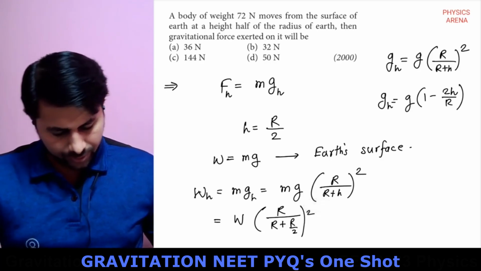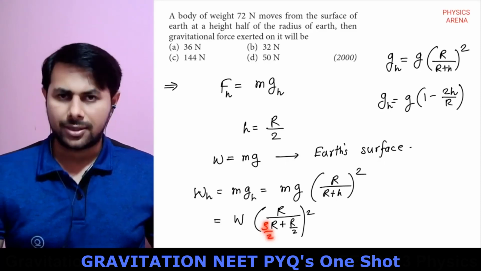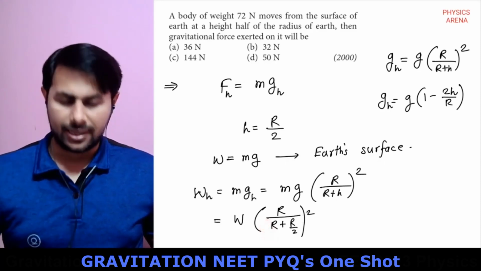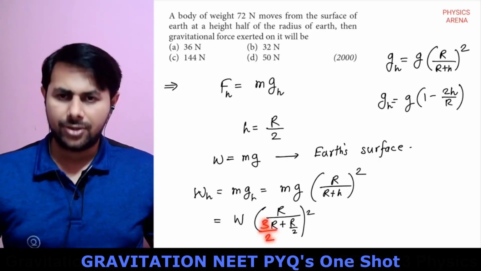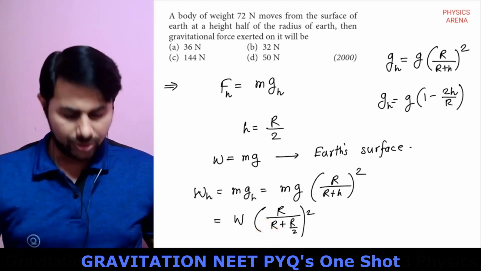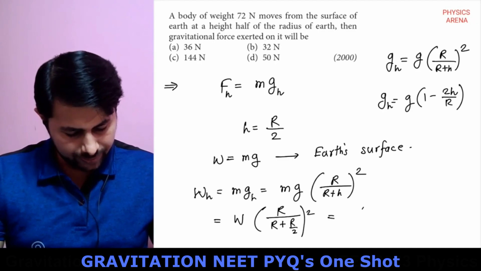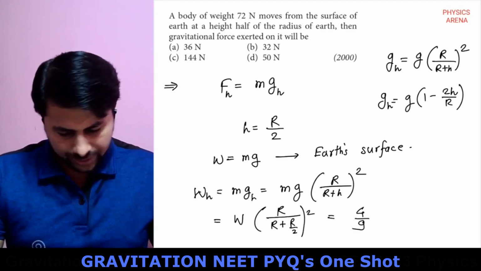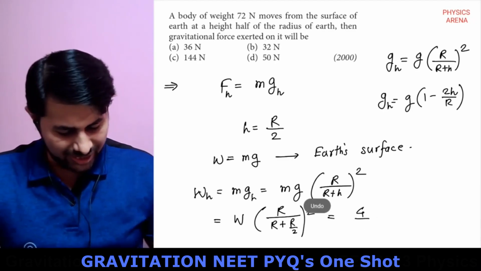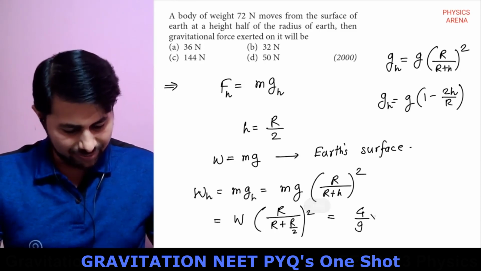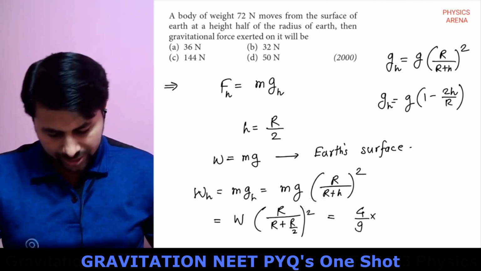right? So it is 3 by 2 r in denominator, r gets cancelled, it is 3 by 2 in denominator, so we can move that 2 into the numerator. So 2 by 3 square, which is 4 by 9, right? 4 by 9, this is my 9, okay? It's not g, this is 9, multiplied by weight. And how much is weight?